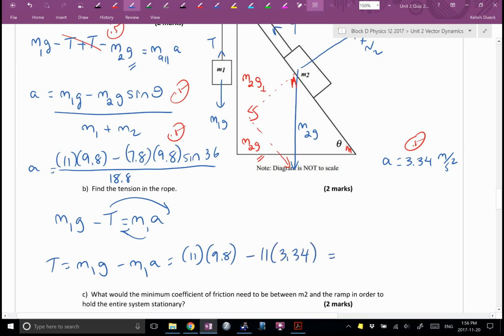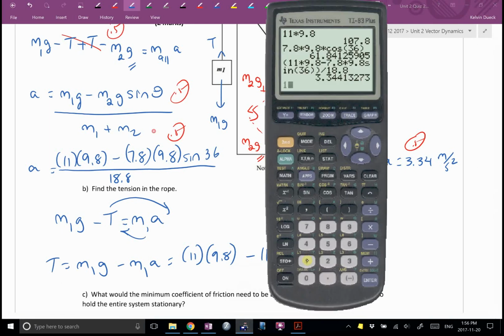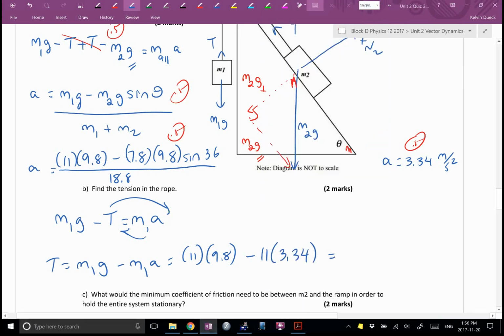Of course, you know I'm going to use my answer button there instead of writing the 3.34. 11 times 9.8 minus 11 times answer button. Do you all get a tension of 71 even? 71.0? If you use the 3.34 and not your answer button, you'll probably be within 2 sig figs, but your third sig fig might be a bit wonky.